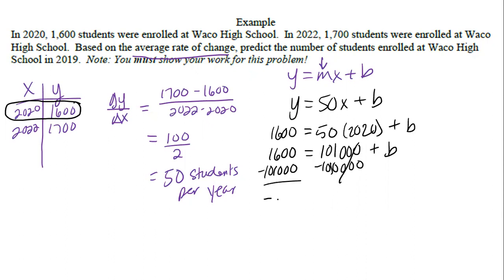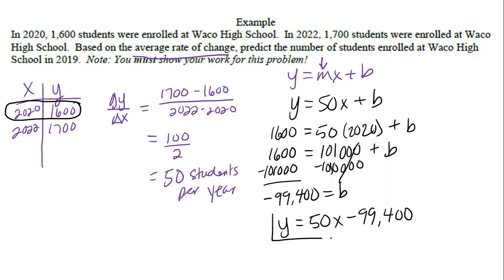Negative what? Yep, equals our b. So now we have an equation that we can use to find it for any year, right? So we have y equals 50x minus 99,400. Okay, so that's our equation.